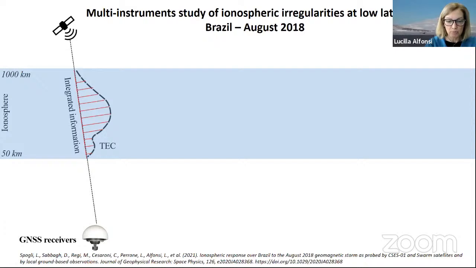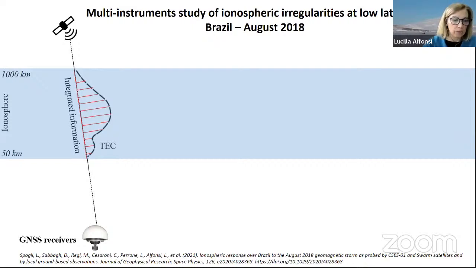This is an example from a very recent paper in JGR, in which we have used a number of these different sensors to study the geomagnetic storm that happened in August 2018 in Brazil.